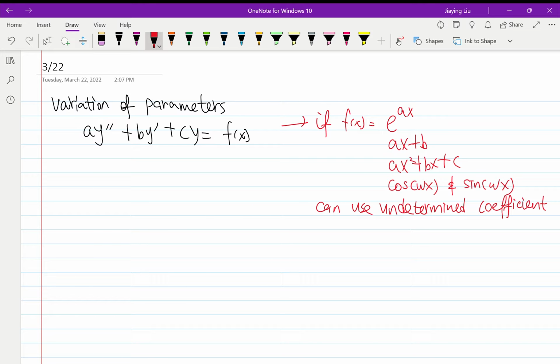It might be complex, a different kind of function. Then undetermined coefficients doesn't really work well. So that's why we need variation of parameters as a second technique. If f of x is complicated, then we can try to use variation of parameters.